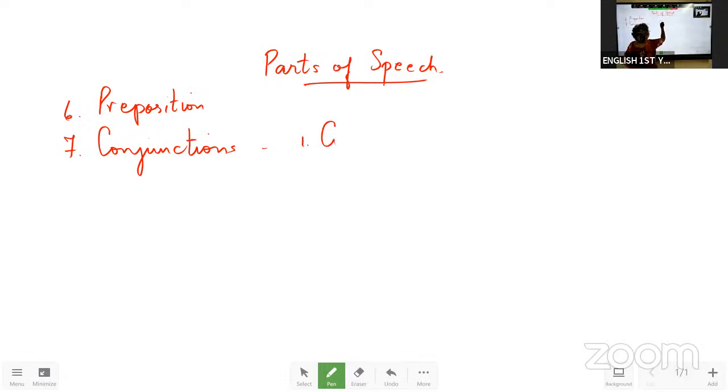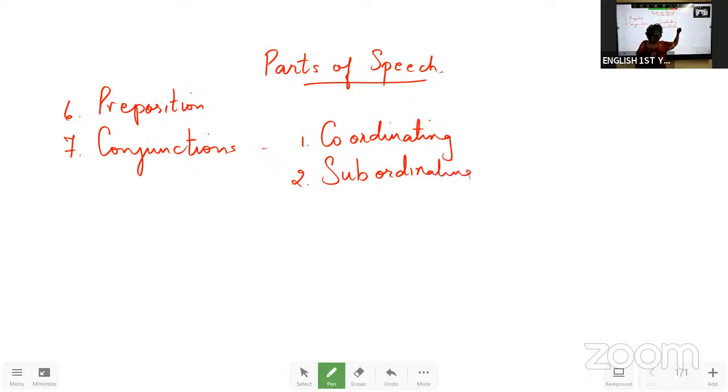One is the coordinating conjunction, and the other is the subordinating conjunction. Now, what do you mean by subordinate? The word subordinate should tell you that it is not at par.